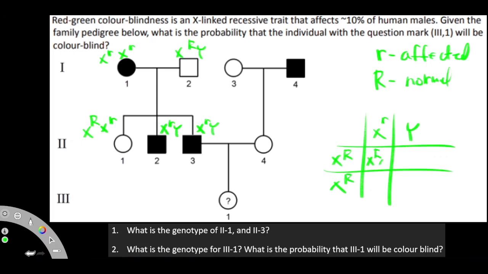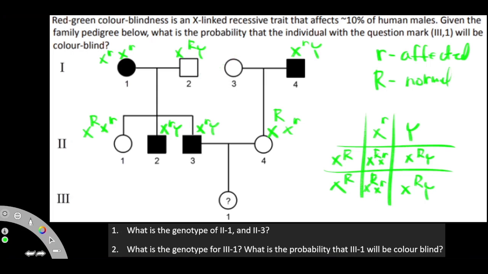You get X to the big R, X to the small r, X to the big R, Y. Then you get X to the big R, X to the small r, X to the big R, Y. What happened to the female? The female here is X to the big R, which is healthy. And that's fine based on what we looked at. It could be X to the big R, X to the small r. And obviously this one has to be X to the big R, Y, right?